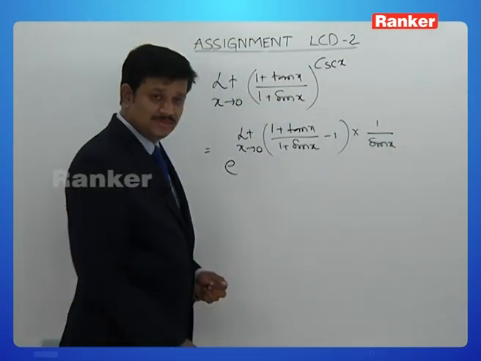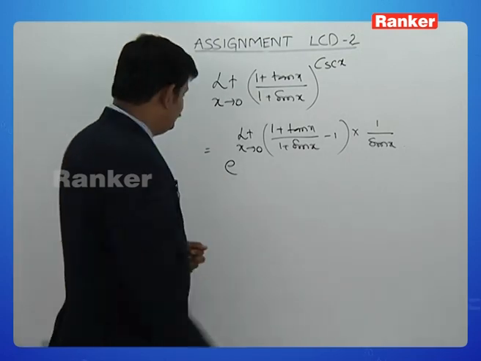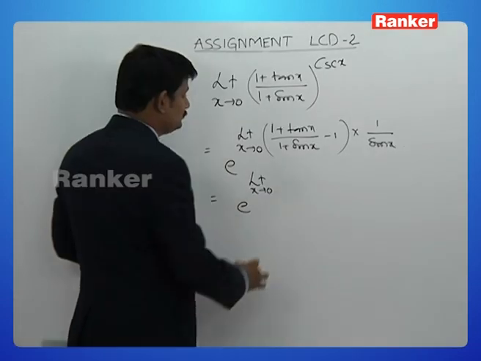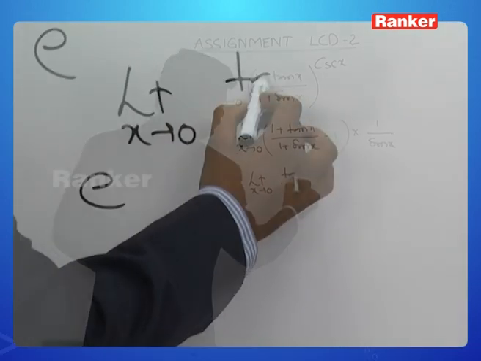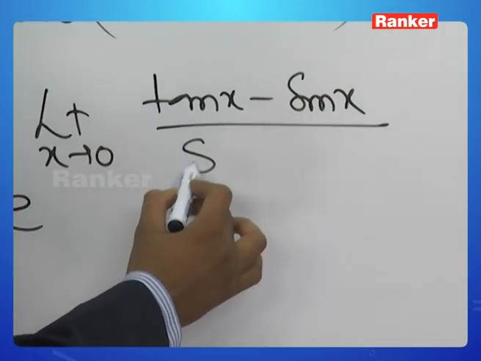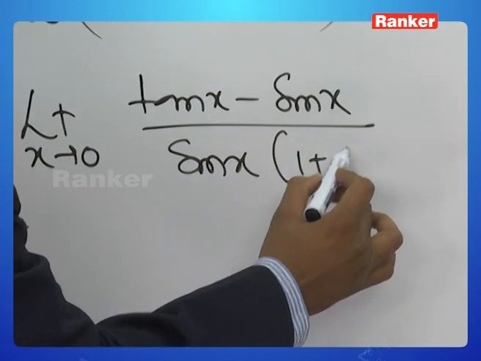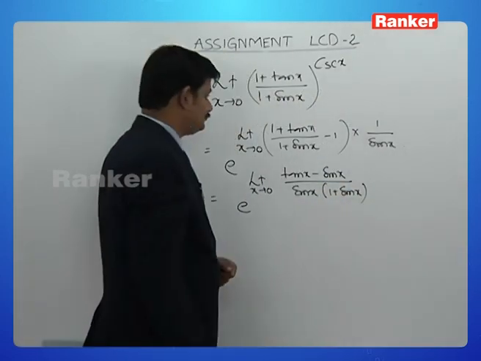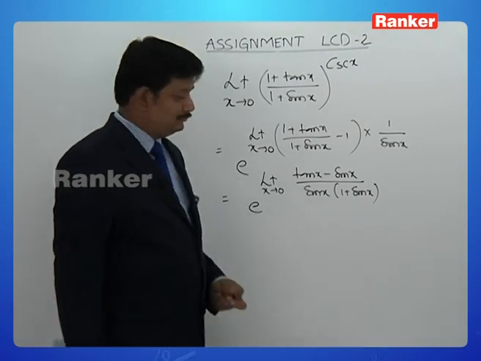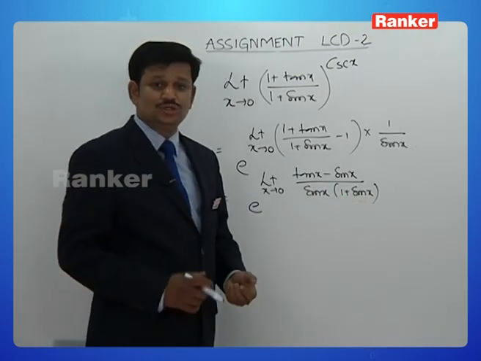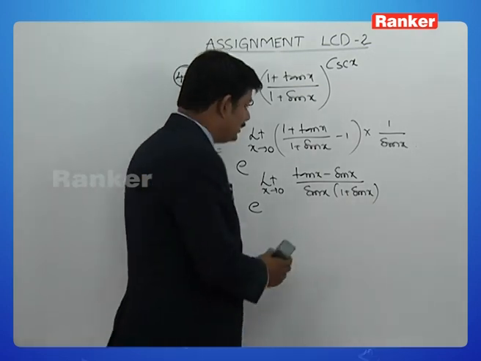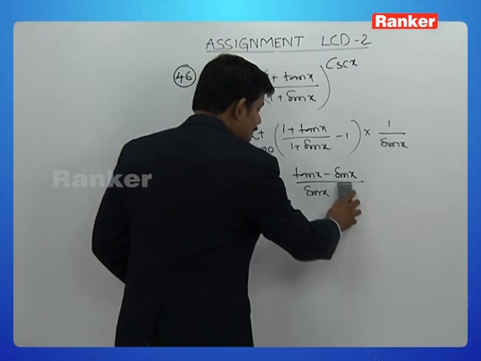Now, let us look at the difference. 1 and 1 get cancelled. This is e power limit x tending to 0 of tan x minus sin x divided by sin x into 1 plus sin x. Observe as x tends to 0, 1 plus sin x tends to 1. So, from the product we can remove this 1 plus sin x.